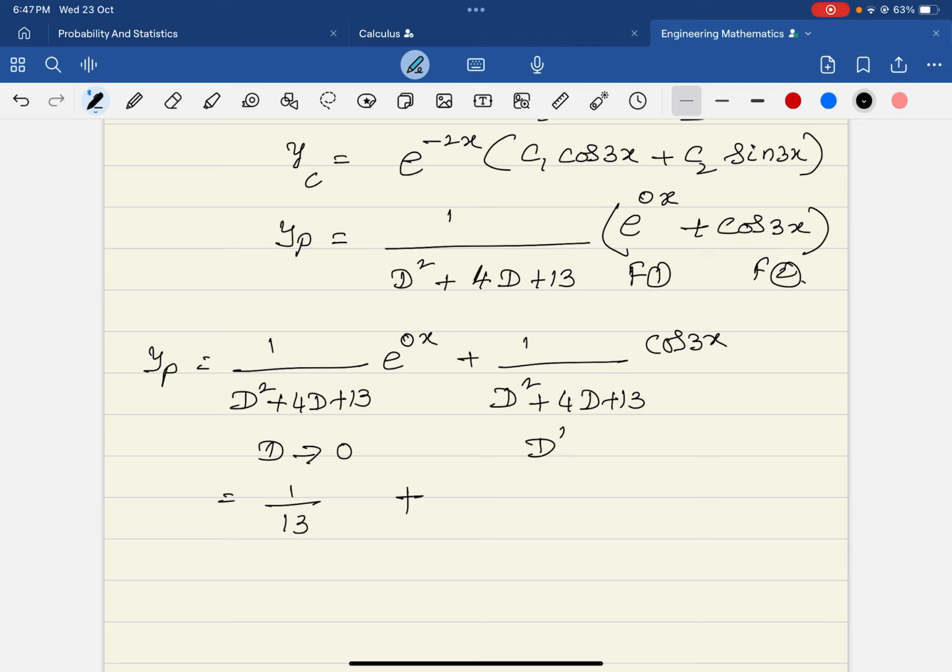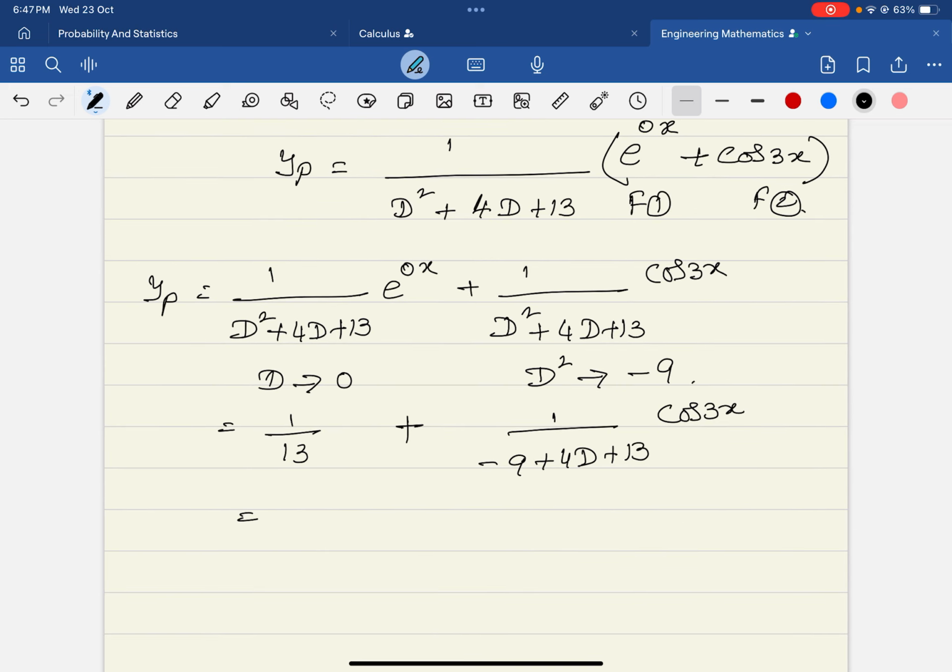Here d square is replaced by minus 3 square, that is minus 9. So it is 1 over minus 9 plus 4d plus 13 of cosine 3x. So now it is 1 over 13 plus 1 over 4d plus 13 minus 9, which is 4, times cosine 3x.